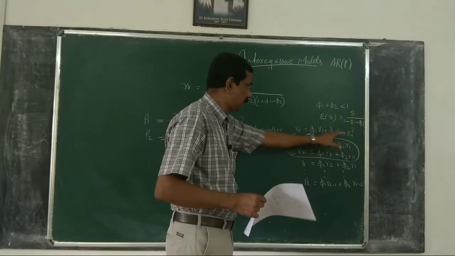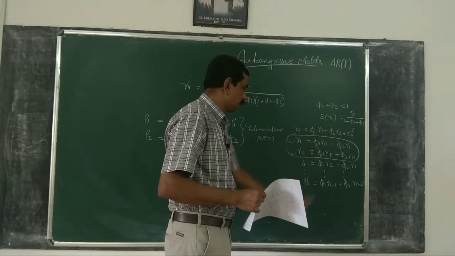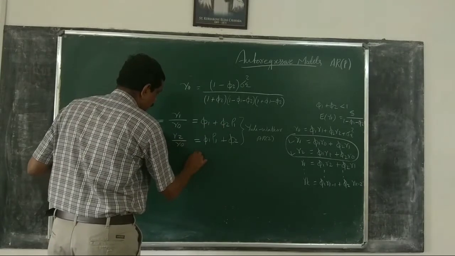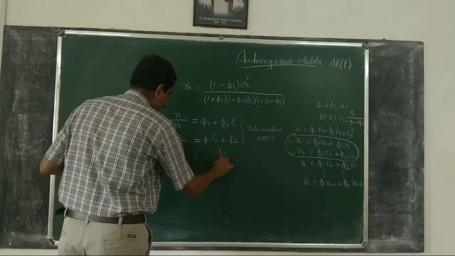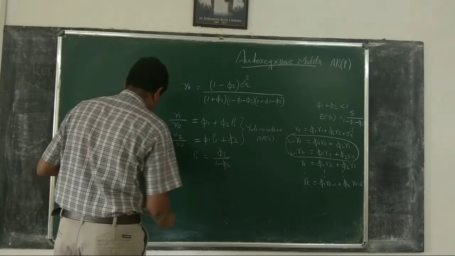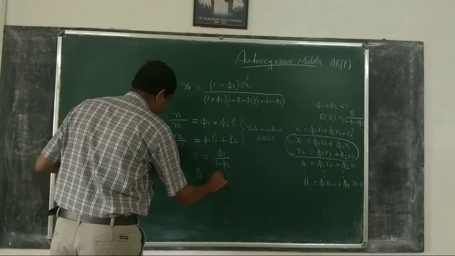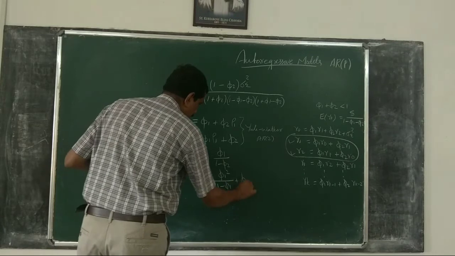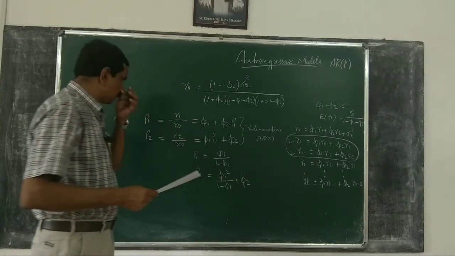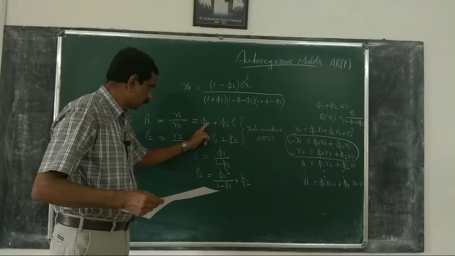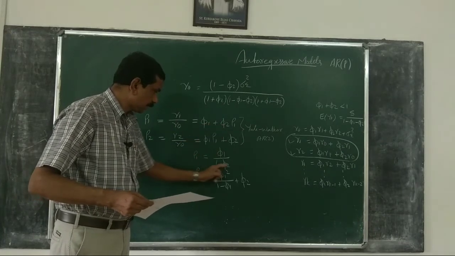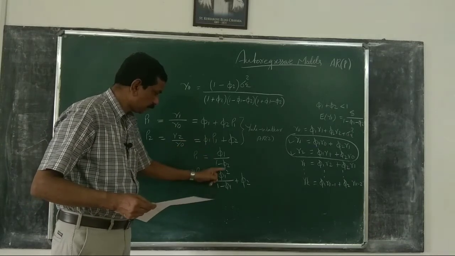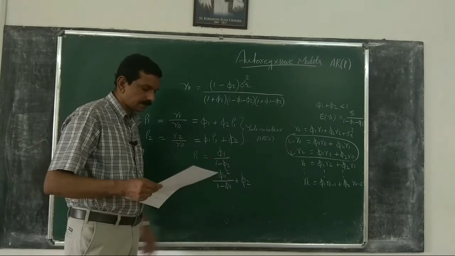Substituting the values for gamma 1 and gamma 2 in this equation and solving these together, first rho 1 is equal to phi 1 by 1 minus phi 2, and rho 2 is equal to phi 1 square by 1 minus phi 1 plus phi 2. Rho 2 is obtained when the value of phi 1 is substituted, phi 1 into phi 1, phi 1 square by 1 minus phi 1 plus phi 2.